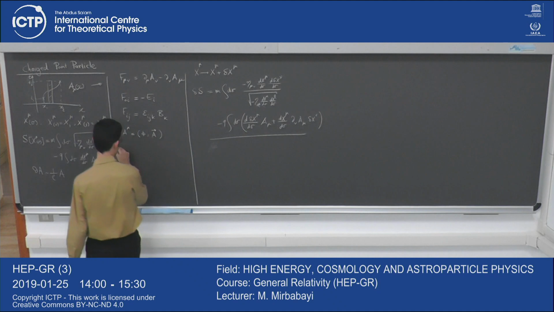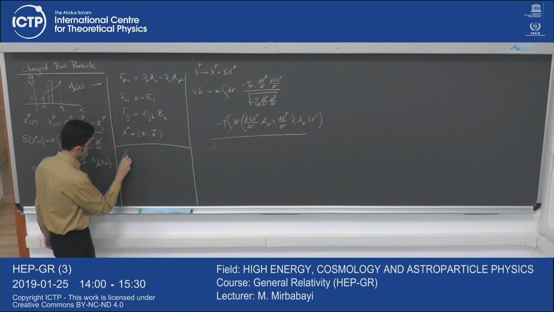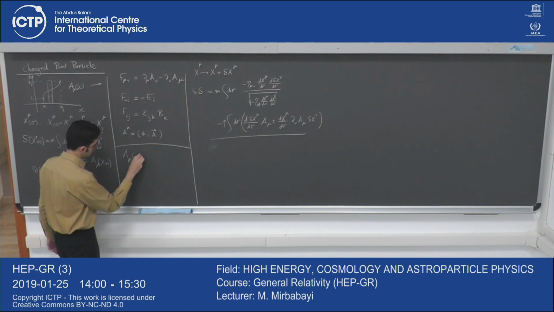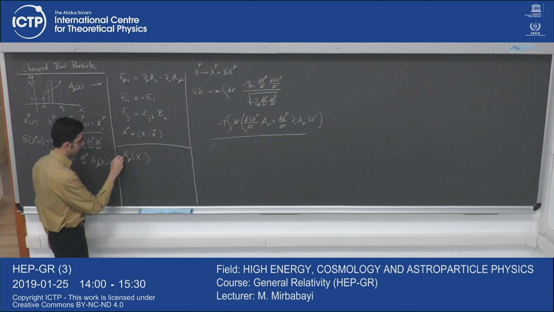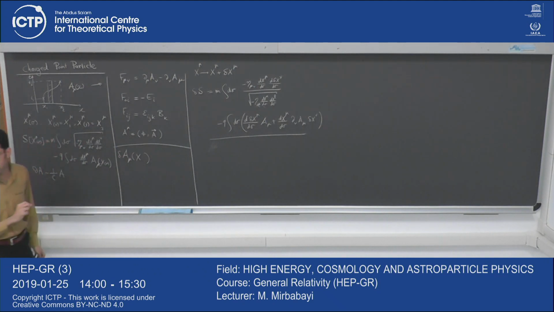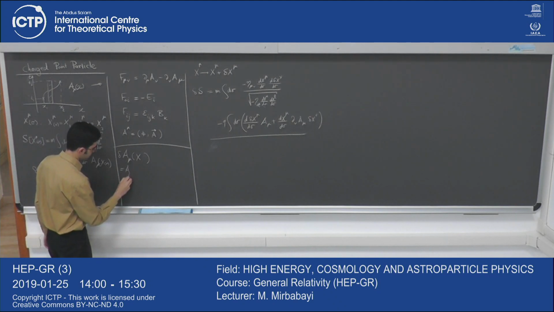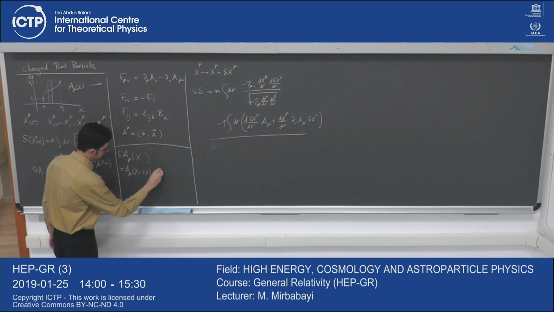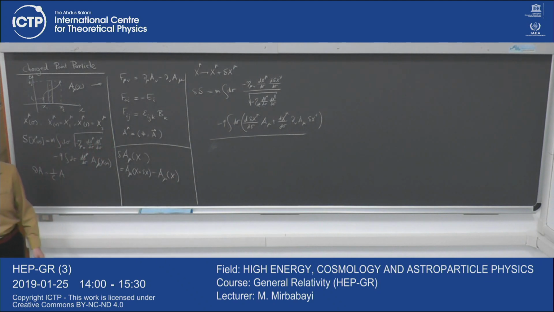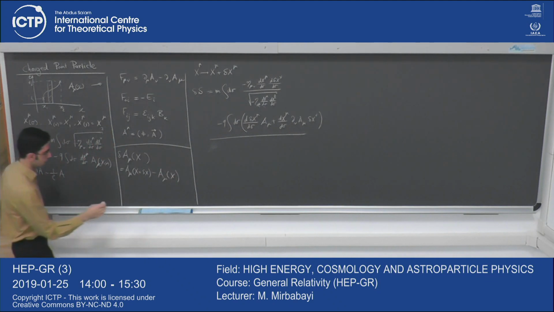So I have A mu of x. Of course, this is the full 4 vector, right? Now, what is the variation of this, delta A mu of x? That is A mu of x plus delta x minus A mu of x, right?